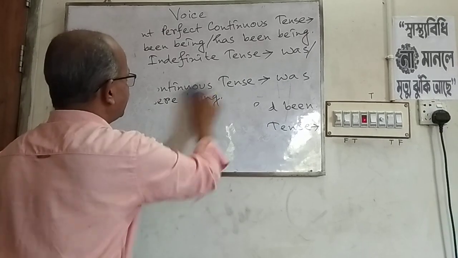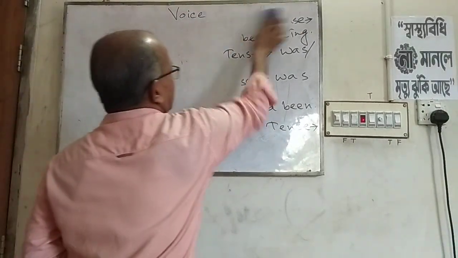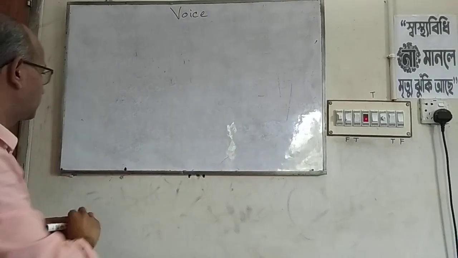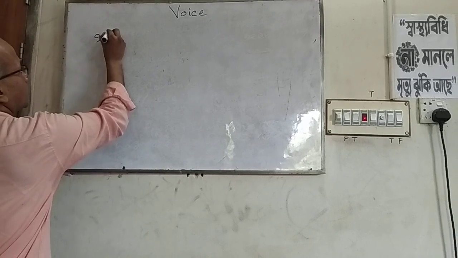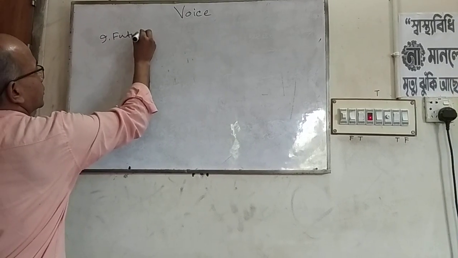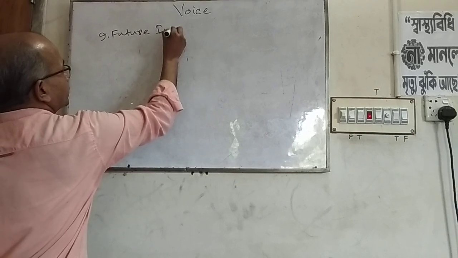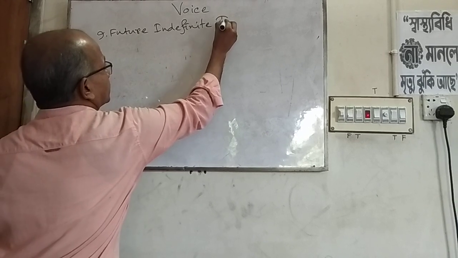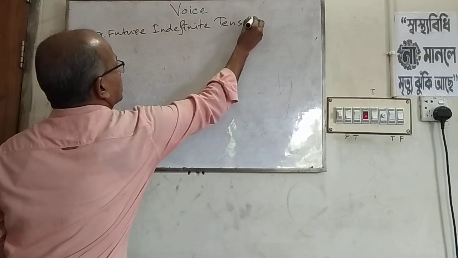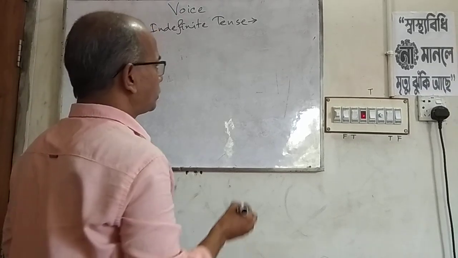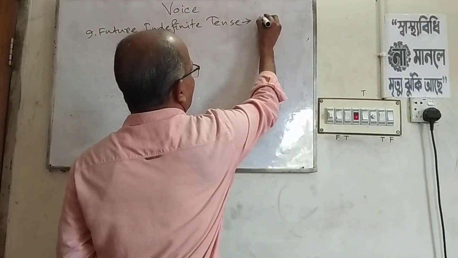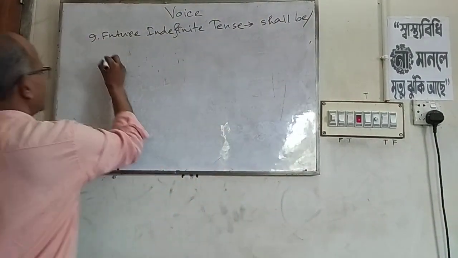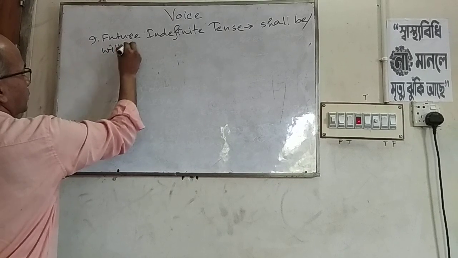And at number 9, there is future indefinite tense. And auxiliary verbs are shall be, will be.